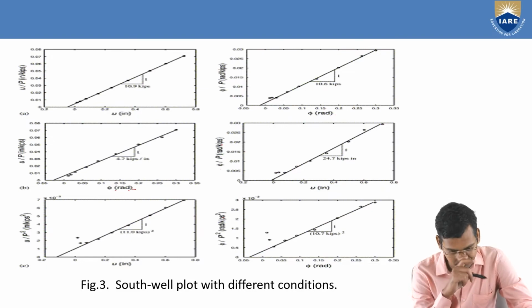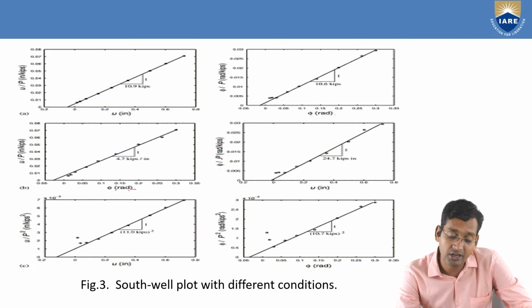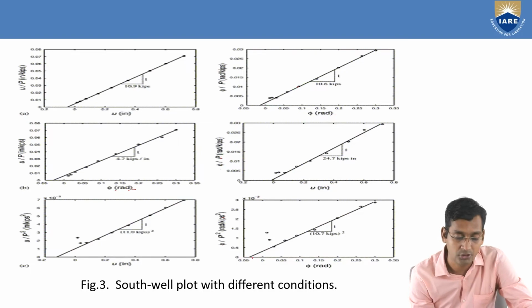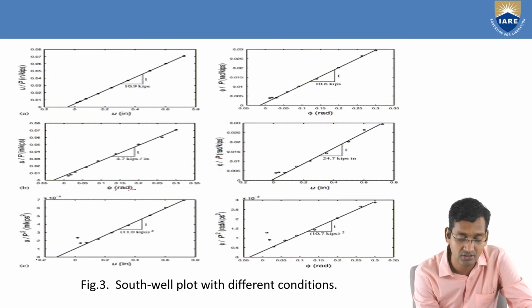So just see here one thing, whenever we are taking the symbol phi by P, it is starting from here, but in case of P square, it's starting very close to this one. So here also you can see, if you are taking u, then in case of u by P square, it's starting from here, but in case of u by P, it's closer to the origin.